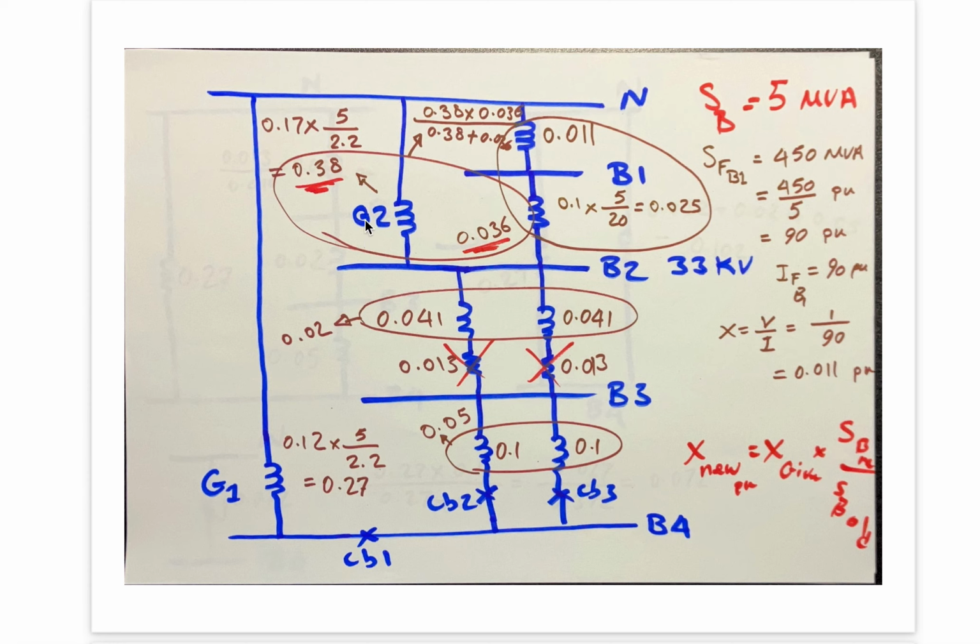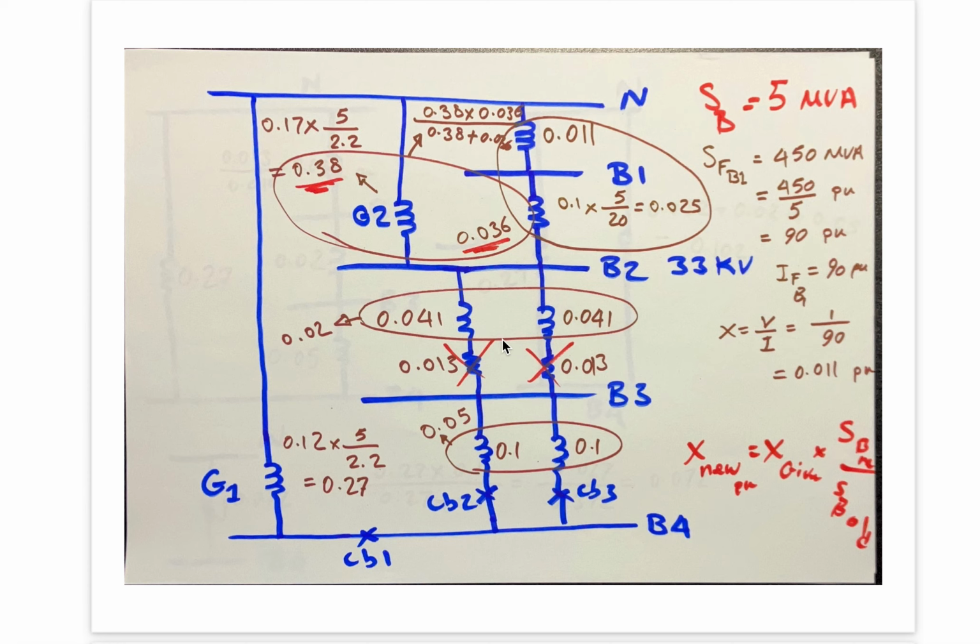And the rating power of the generator is 2.2 MVA, while the new power is 5. So 0.17 times the new power divided by the given power gives 0.38 per unit.